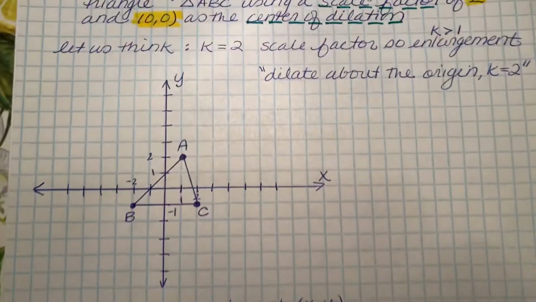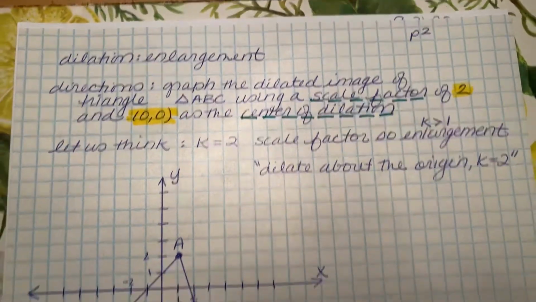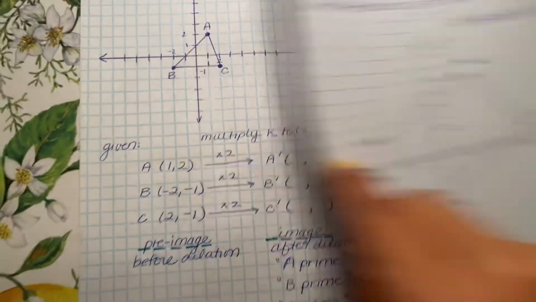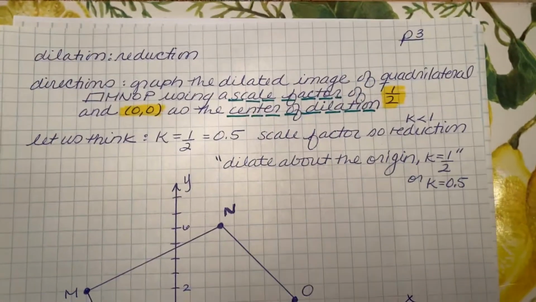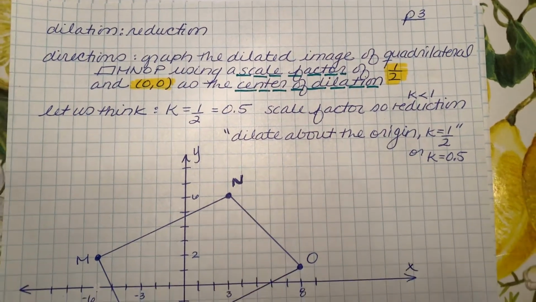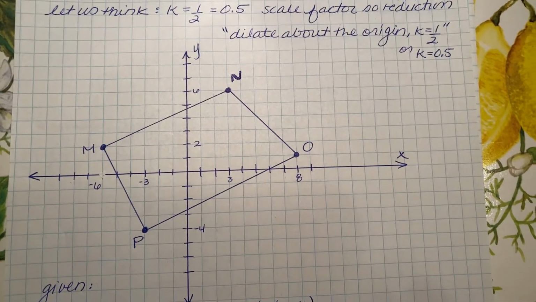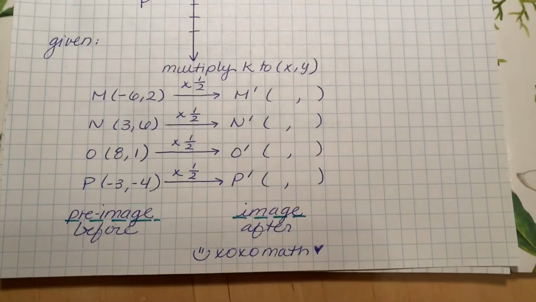So that's where this is coming from. Okay, example 2, page 3, is a reduction. And here's a quadrilateral plotted, the other was a triangle. Here are the points.